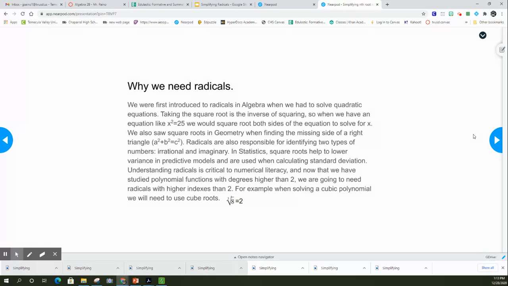When using the Pythagorean theorem, they would get root 2, and they didn't know what kind of number it was. So they discovered irrational numbers through radicals. And as we learned last unit, taking the square root of a negative leads to imaginary numbers. So radicals are responsible for identifying two different types of numbers, irrational and imaginary.